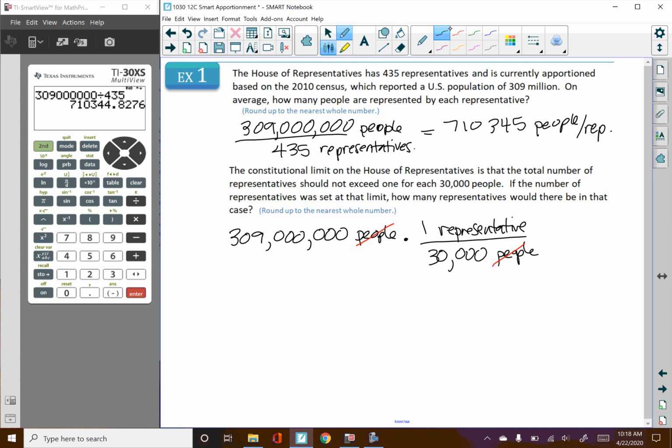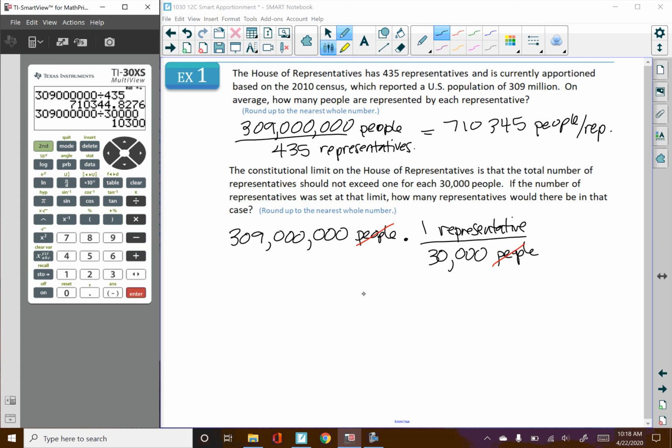So if we figure that out in our calculator, you can times by 1 and then divide by 30,000, but it's not necessary to times by the 1.